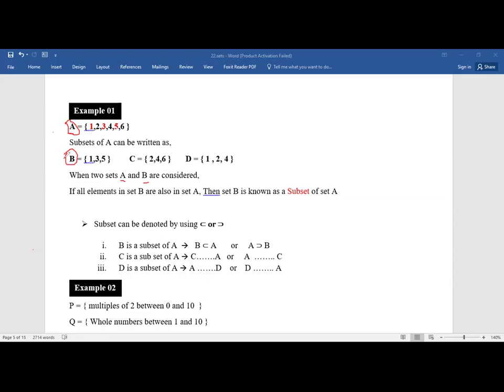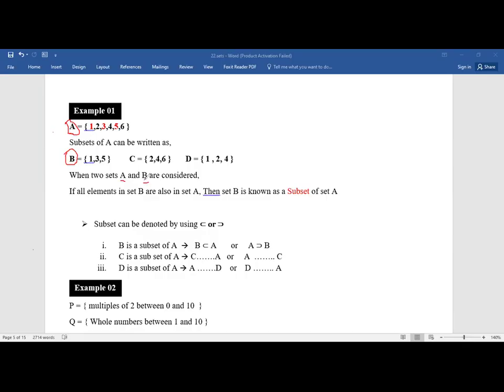Is B the subset? Excellent, Dinuki, excellent, Biduni. So you know what a subset is. Definitely B is the subset of A.